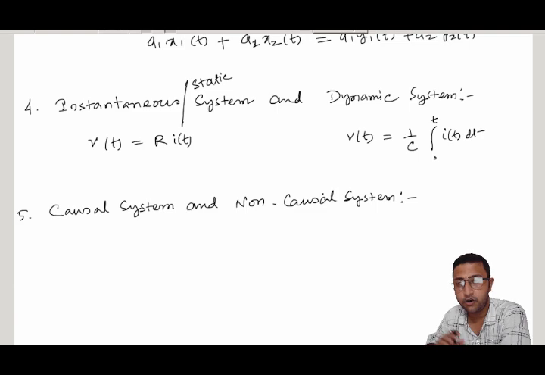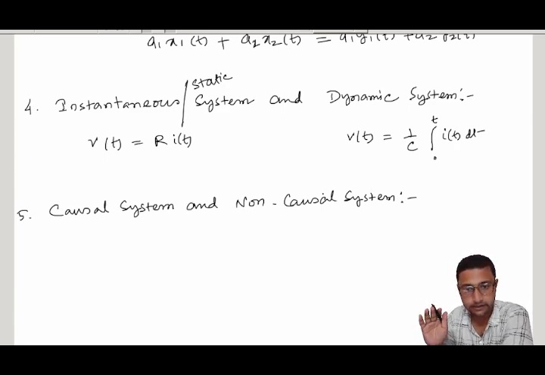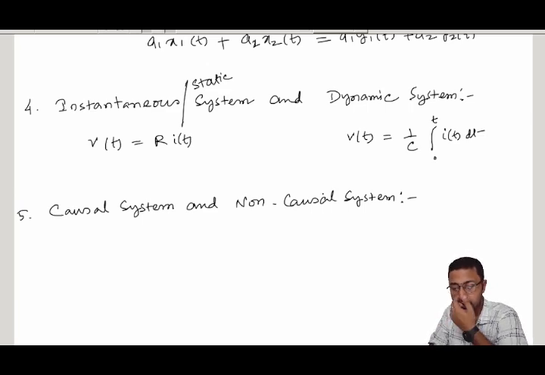That means if the present state is k, the past states are k minus 1, k minus 2, and so on, but it will not depend on the future states, k plus 1, k plus 2. This is called a causal system. On the other hand, if the output depends on the future, that means the present state is k and the future states are k plus 1, k plus 2, and so on, it is called a non-causal system.